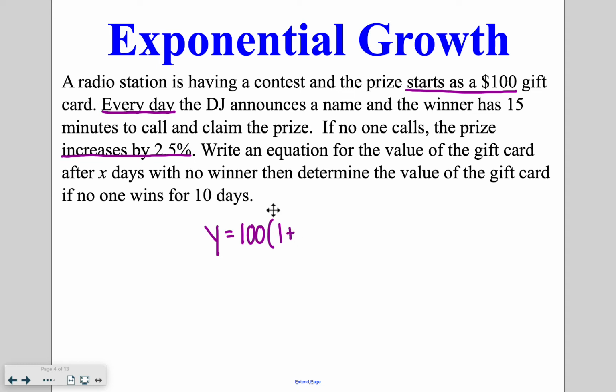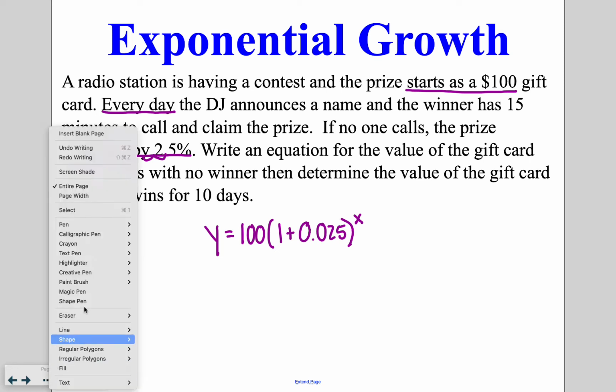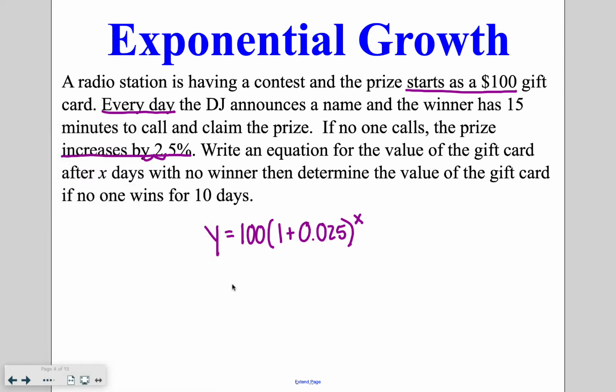And then I'm adding on 0.025. I move that decimal twice, which gives me 0.025 as 2.5% as a decimal. And then right now it just wants us to do x days. So the first thing it asks you for is to write that general equation. The next thing that you need to do is then answer the question.